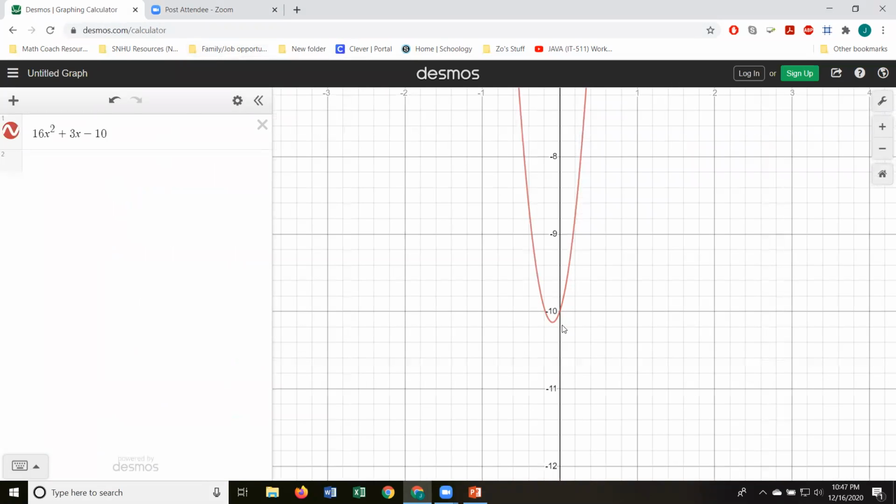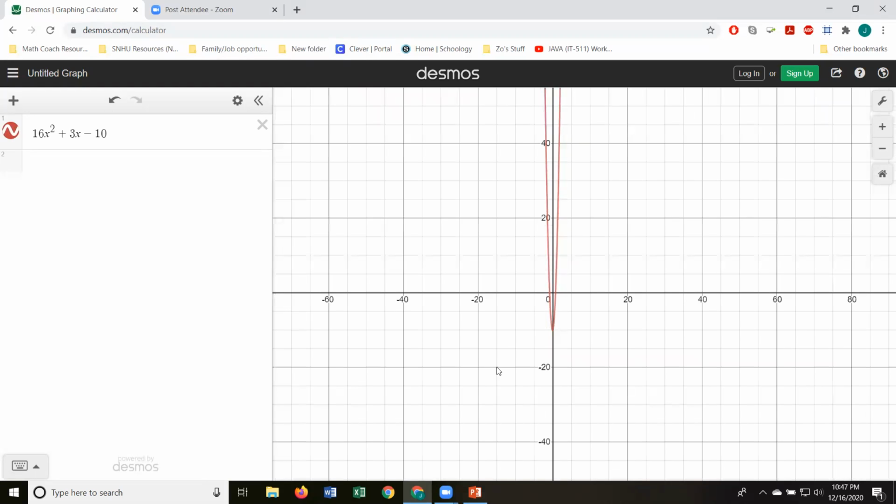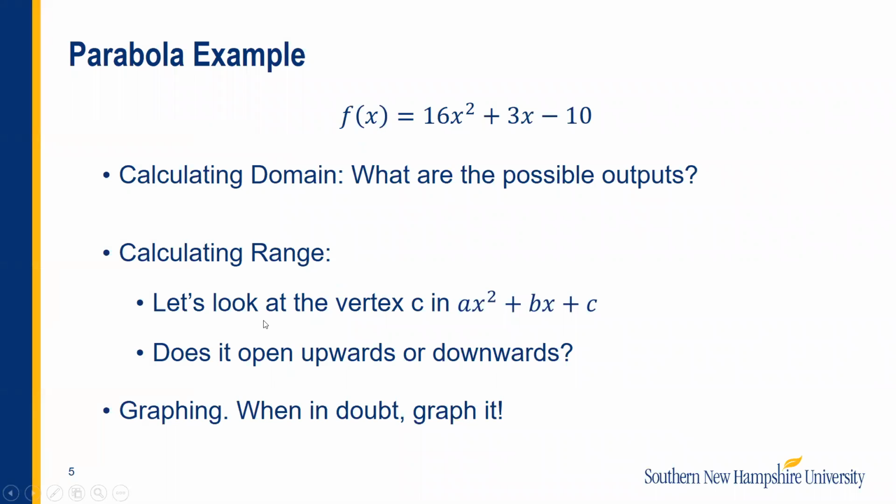If I scroll in, you'll see it begins there, the vertex, it's at the -10 spot. Okay, so we have that lovely point, and we see that it opens upwards from there. So we are able to then look back over here and know that our range is from that point onward.